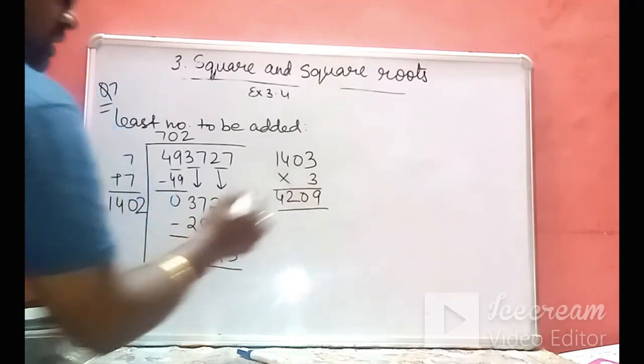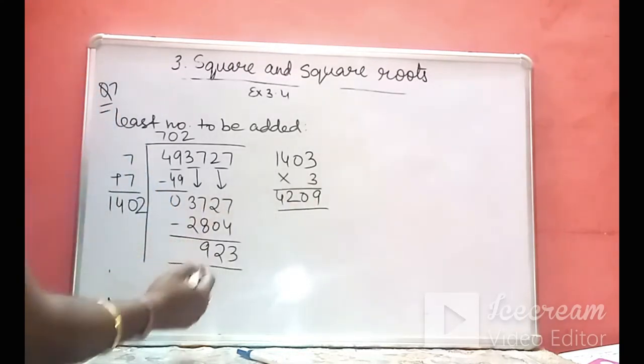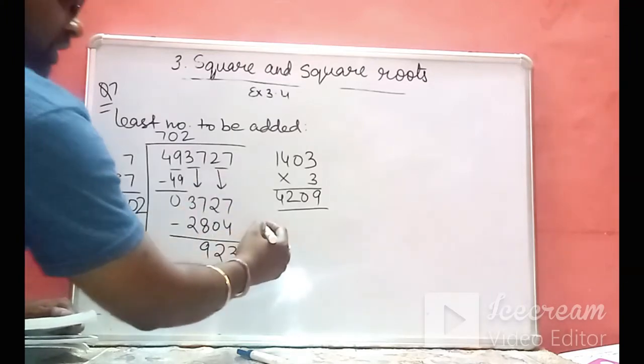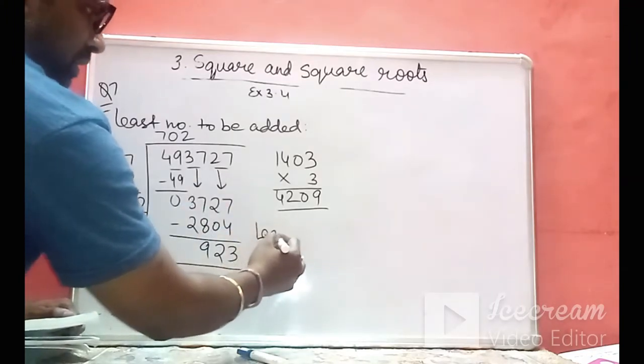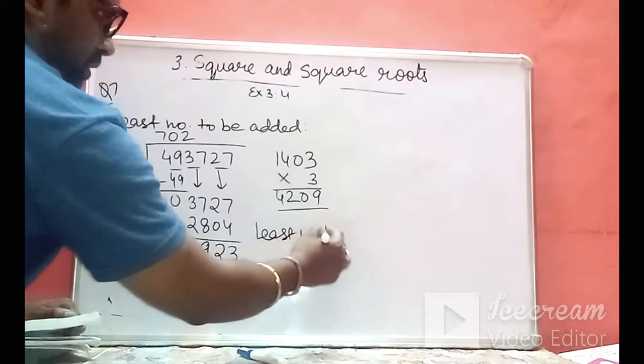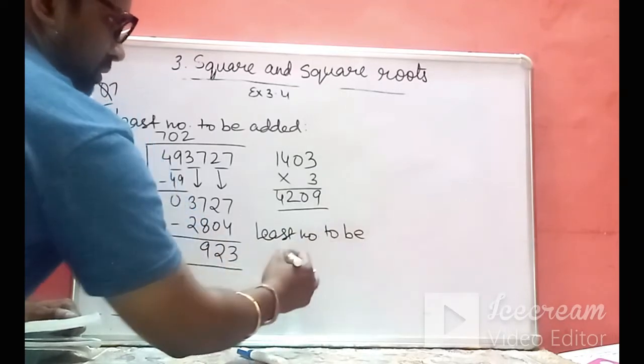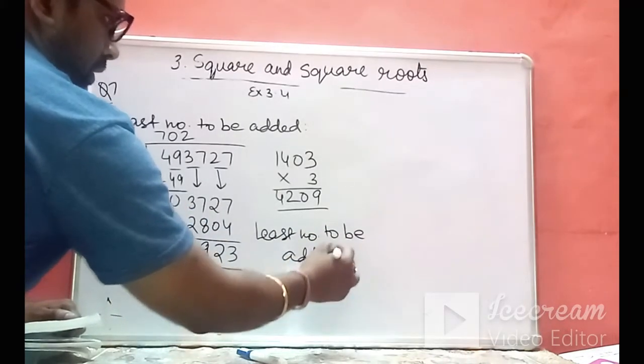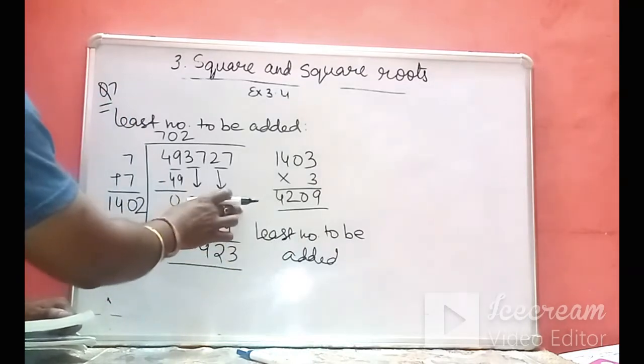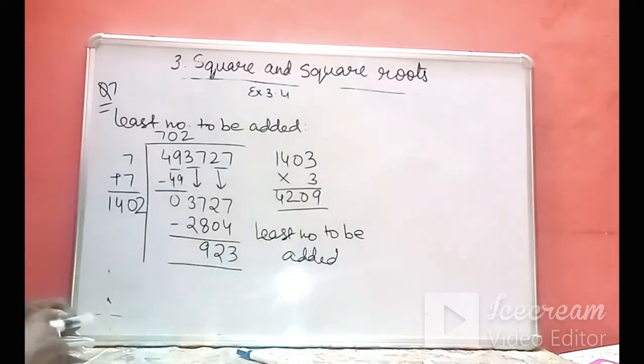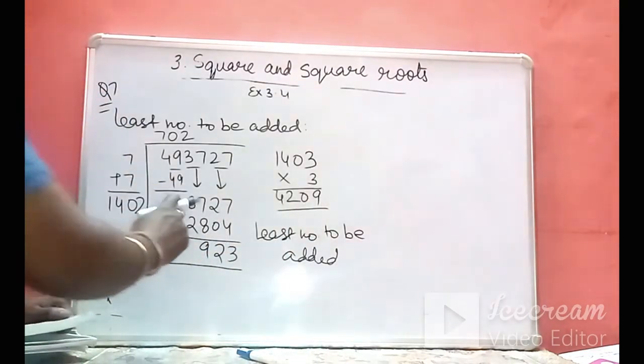So this is the just bigger number than this. Then our answer will be the least number to be added. If this 524209 would have been written here, then definitely it becomes the perfect square.